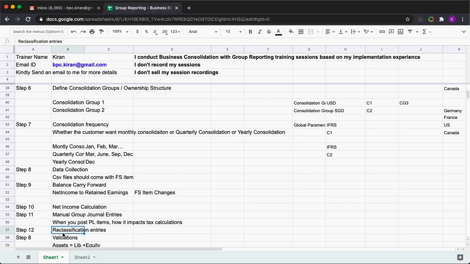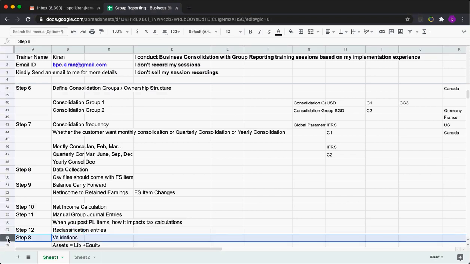So from gain on asset sale, it should move to other income. The system should do this every month. At that time, you can use reclassification entries. So you have to discuss or identify what the reclassification entries, the automated entries every month, are. You have to list that out here.